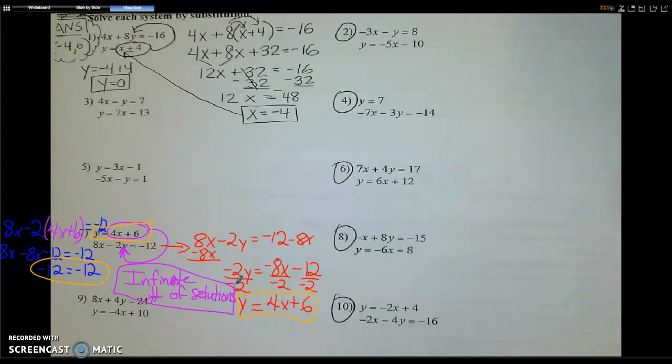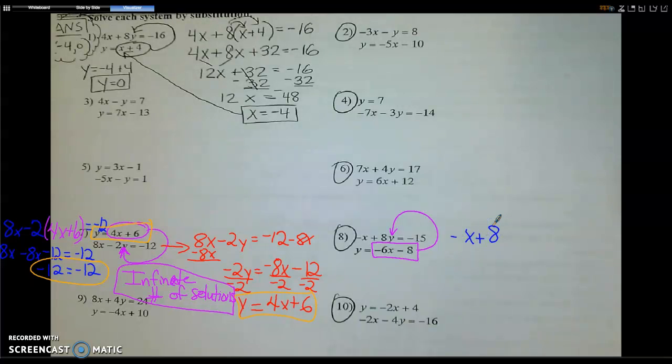Okay, so moving on over, let's look at number 8. Okay, number 8. We know that y equals negative 6x minus 8. So you're going to be able to take it and put it straight in for your y. You're going to rewrite that equation. Negative x plus 8.